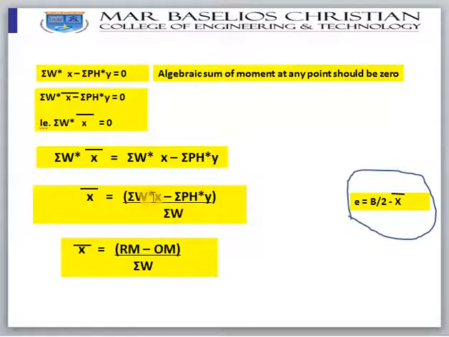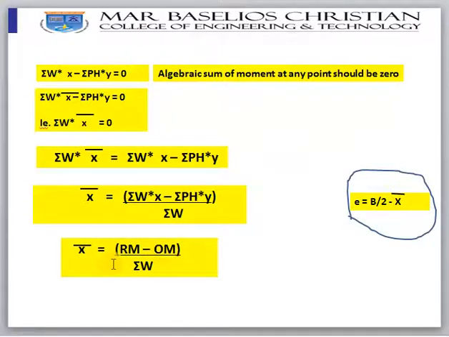What is sigma W into x? In the last class we saw that sigma W into x is W1 into x1 plus W2 into x2 plus W3 into x3, W4 into x4, W5. This is the restoring moment. And sigma pH into y is pH1 into y1 plus pH2 into y2. This is the overturning moment.